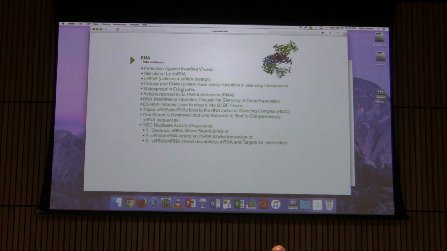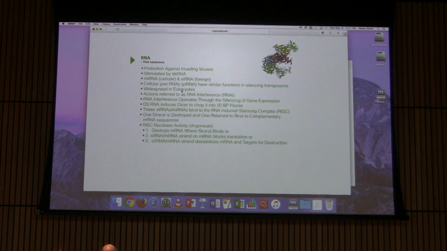So if we put a double-stranded RNA sequence into a cell that is for a gene, we would like to see what happens if that gene is not being made by the cell, then we could easily do that because that double-stranded RNA stimulates this process I've just described and knocks out the expression of that target gene.